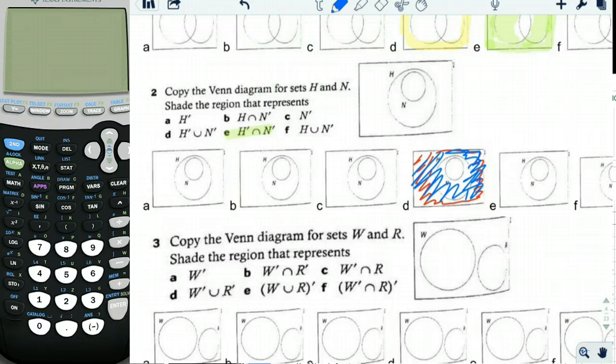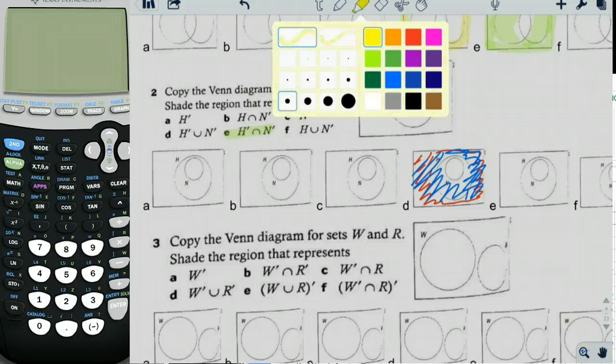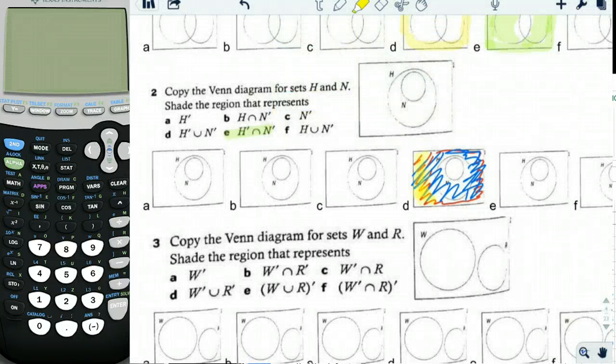So where is there red and blue? That would be the outside of H, right?